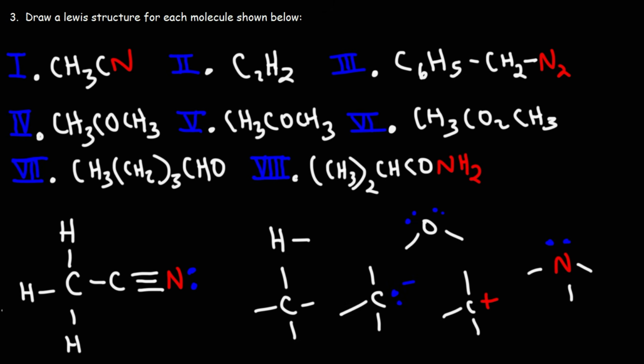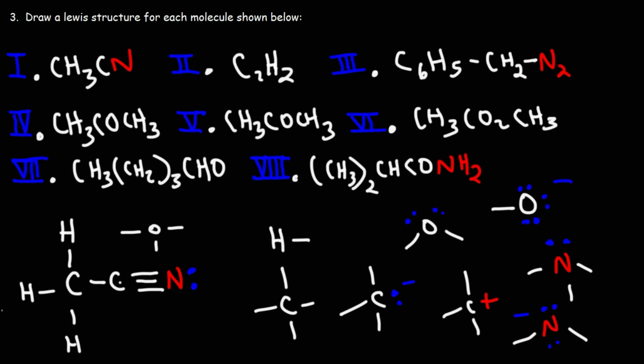So when there's a negative charge, typically it's going to have 1 less bond and an additional lone pair. For instance, when oxygen has a negative charge, it's not going to have 2 bonds, it's going to have 1 bond and an extra lone pair, so it's going to have 3 lone pairs. When nitrogen has a negative charge, instead of 3 bonds, it's going to have 2 bonds and 2 lone pairs. When oxygen has a positive charge, it's going to have 1 less lone pair and 1 additional bond relative to its neutral state.